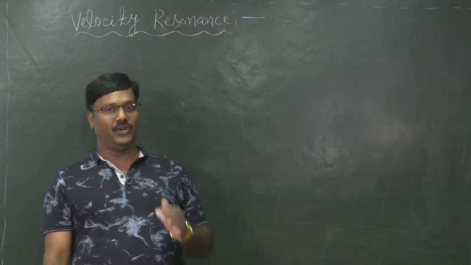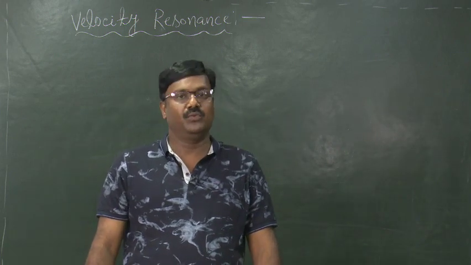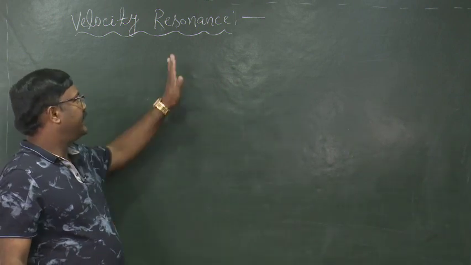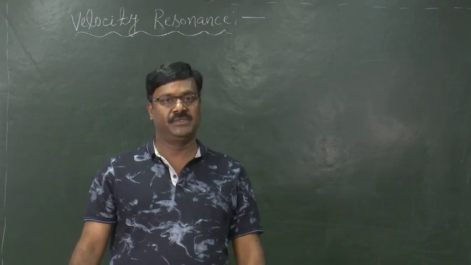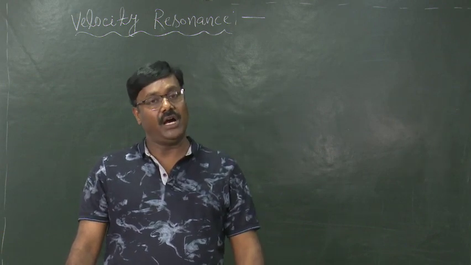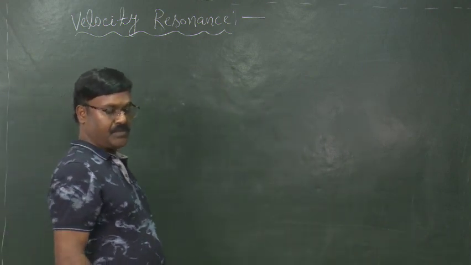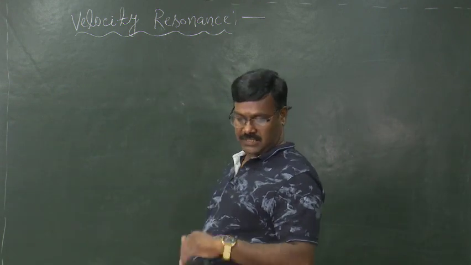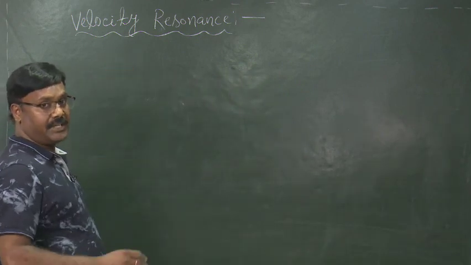Resonance occurs when the frequency of the applied force coincides with the natural frequency of the vibrating body, and at resonance the amplitude is maximum, and consequently the velocity of the vibrating body will also be maximum at resonance. Hence, to get the expression for the velocity at resonance, let us first calculate the velocity.